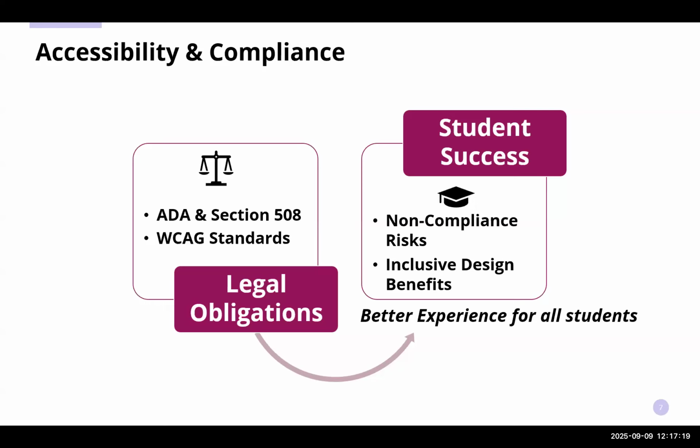These rules make it mandatory for all digital content like websites, course materials, videos, and learning platforms to meet accessibility standards. That is WCAG level 2.1. On top of that, Section 508 already requires federally funded institutions to ensure their technology is accessible. But what do those standards look like in practice?